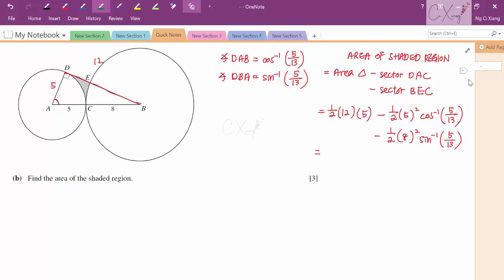Another reminder, because it involves sine inverse and cos inverse also, you have to set the calculator to radian mode before you press the answer for this step. So if you didn't make any mistake, the shaded area for this part will be 2.67, correct to 3 significant figures. Okay, so this is how we find the area of the shaded region.